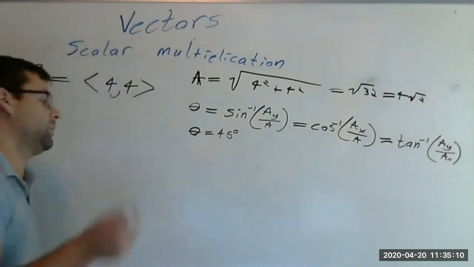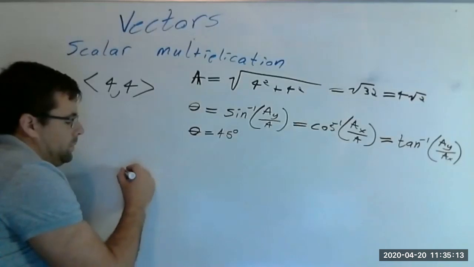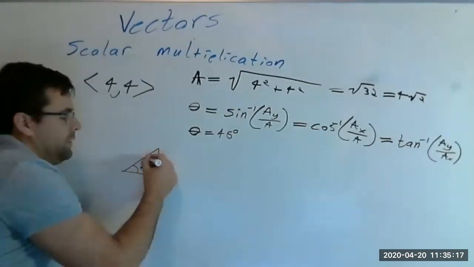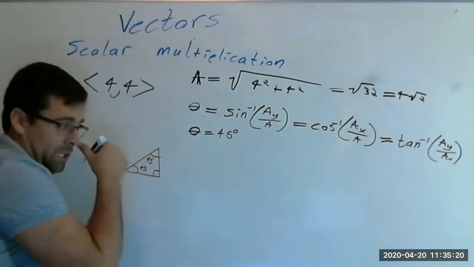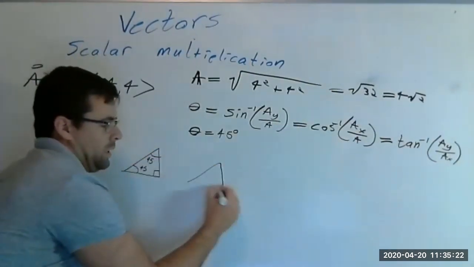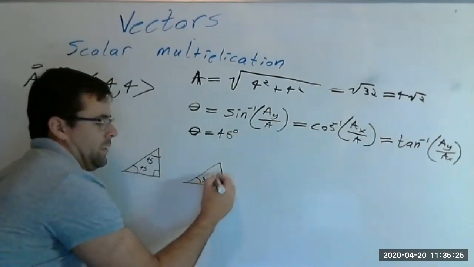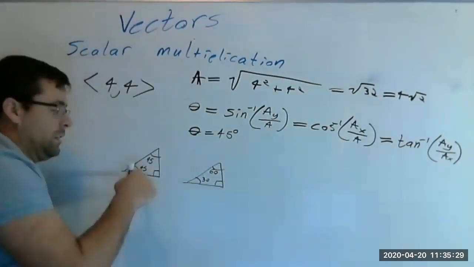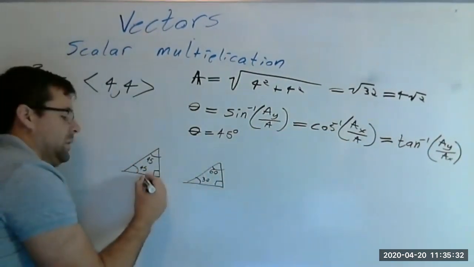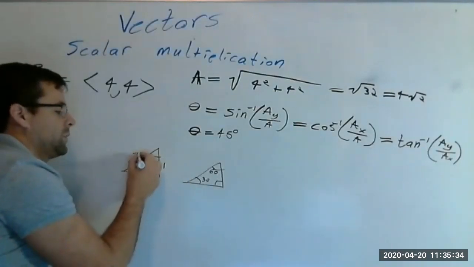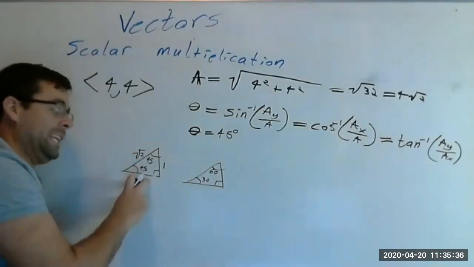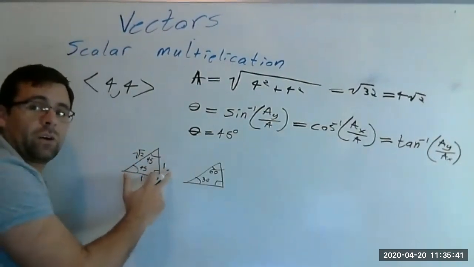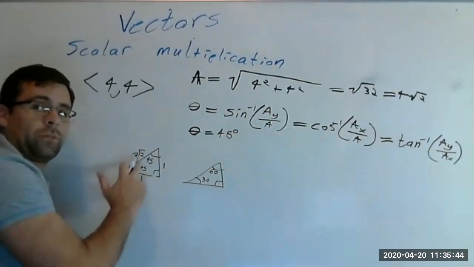Yeah. 30, 60, 90. 45, 45, 90 has sides 1, 1, and square root 2. So any triangle whose x and y sides are the same is a 45, 45, 90.